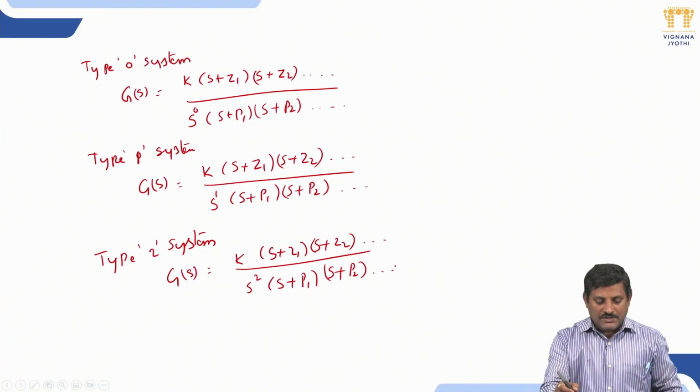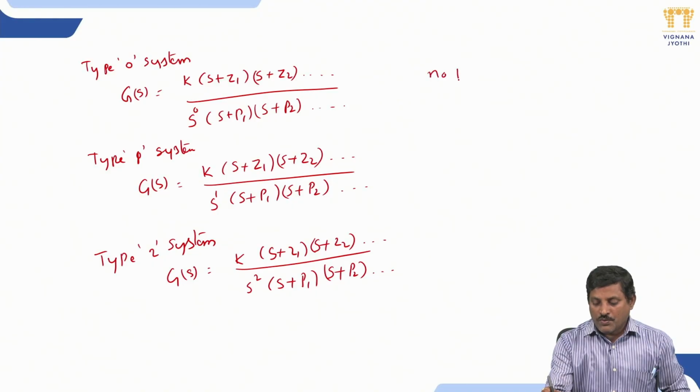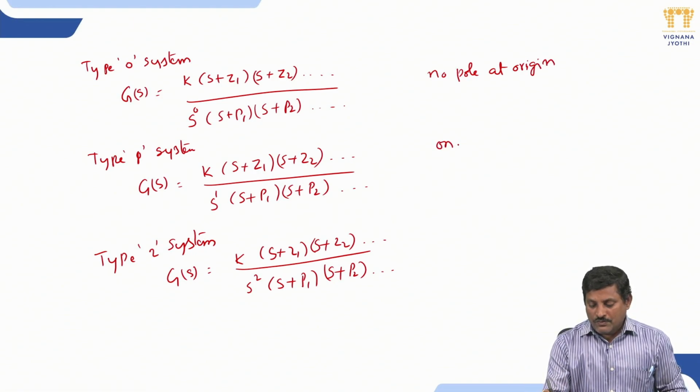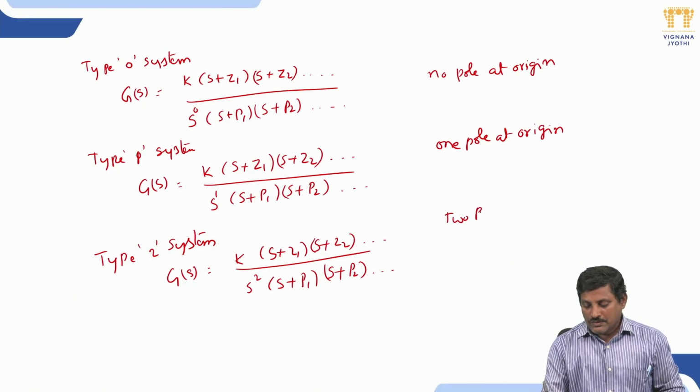Here the first one is the type 0 system. So s power 0 means type 0 system: no pole at origin. Type 1 system, one pole at origin. And type 2, two poles at origin.